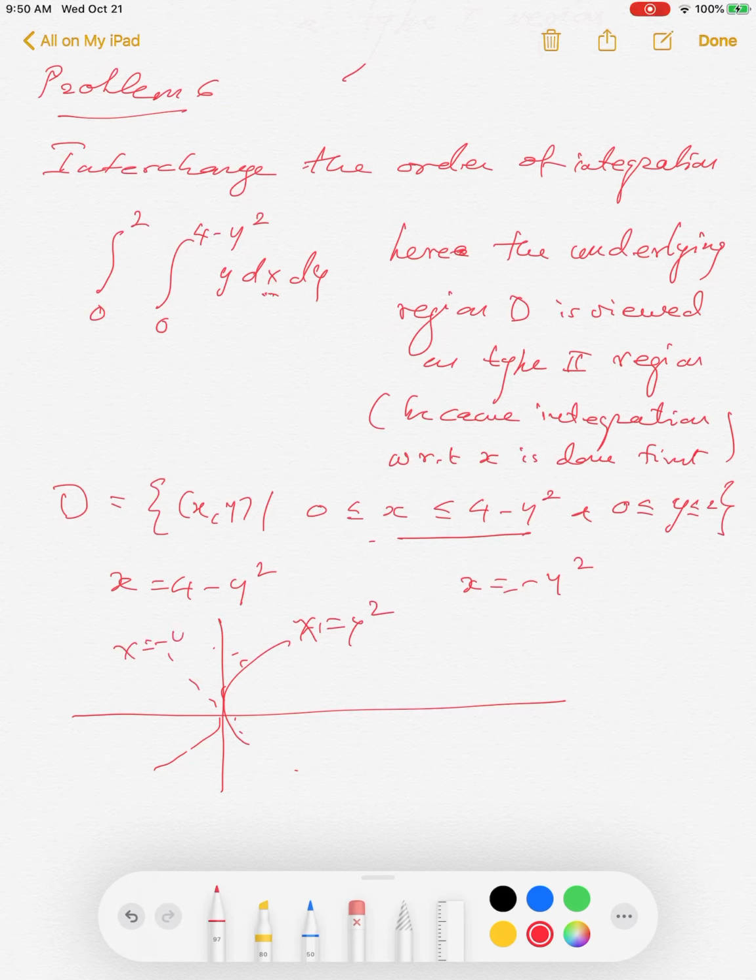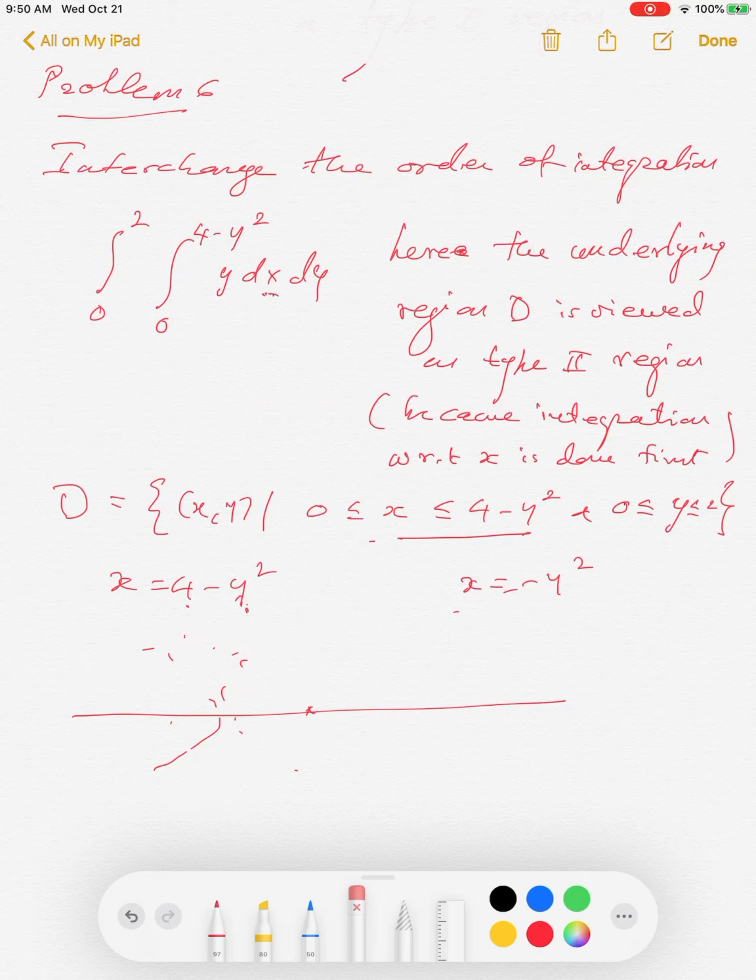But now it is 4 minus y square, so you are pulling this to the right. When y is 0, x is 4. So the picture is going to be a parabola like that.